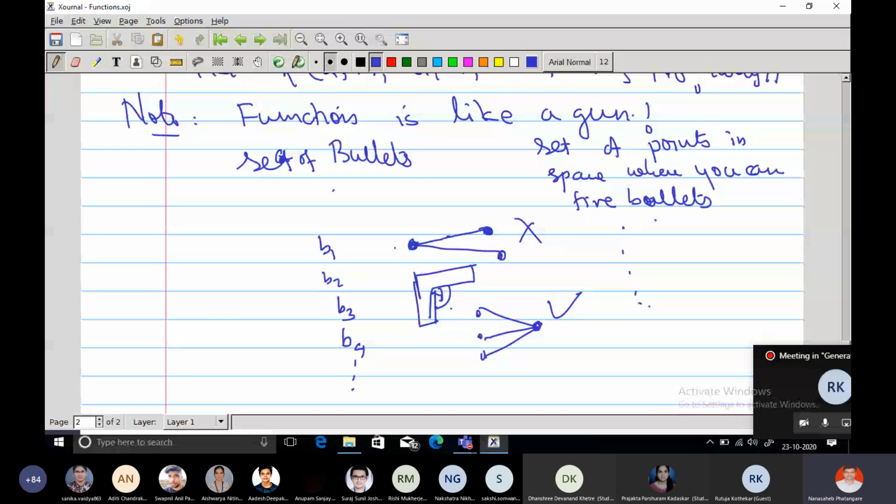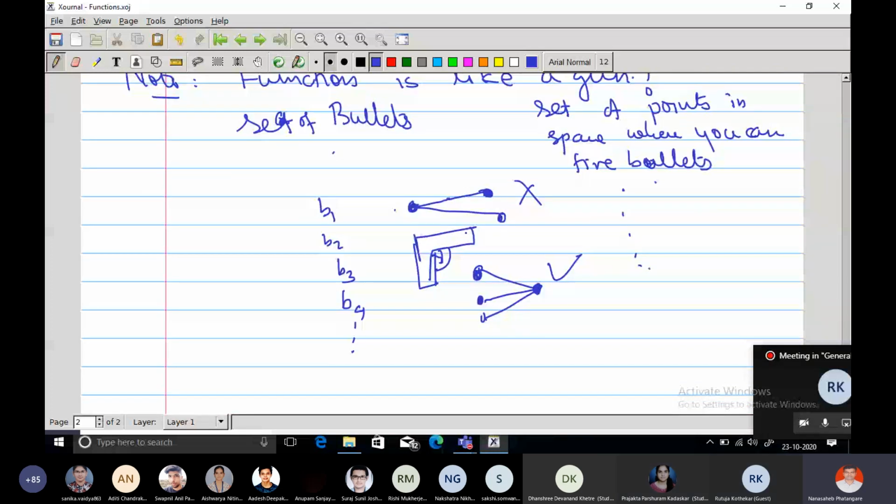It may happen that another bullet is also fired at the same point, but that point is a unique position. It may happen in some movies that you can fire the same bullet at two distinct points, but that is not the real world. In the real world, what is a function? So is the idea clear? Let us go ahead.